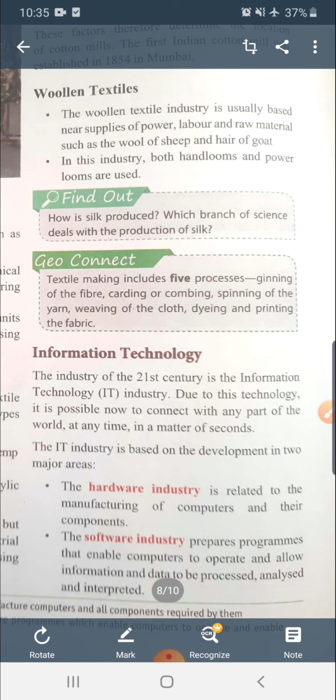Hardware industries relate to the manufacturing of computers and their components, whereas software prepares the programs that enable the computer to operate and allow information and data to be processed, analyzed, and interpreted. I hope the topic is clear in your mind.